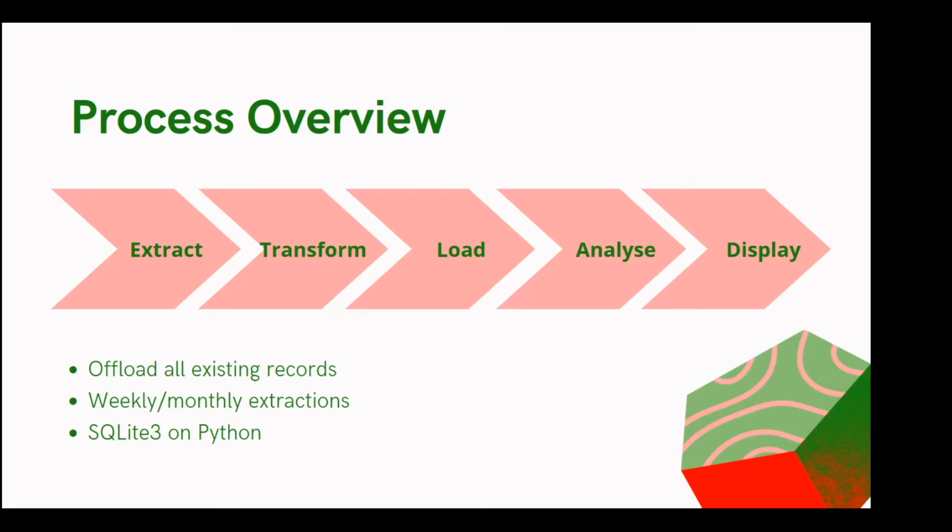And so the extract process is basically where we write some scripts to get the data off the main database at regular intervals. And the transform process is quite simple. It is where we pass the data through some kind of scripts that look at it and check that it's all in the right format for the way we want to store it. And it could potentially perform some small operations on it.